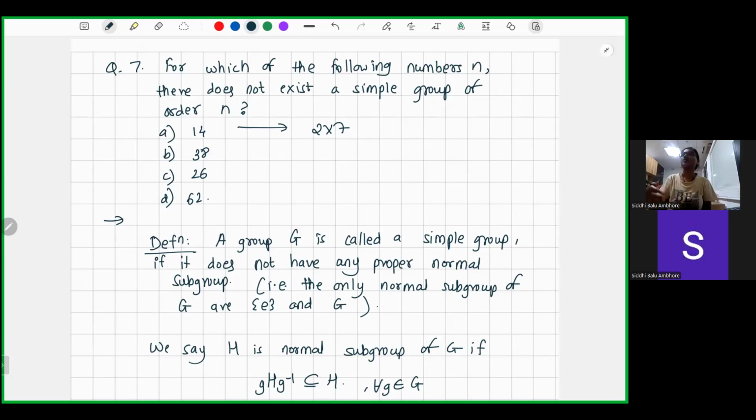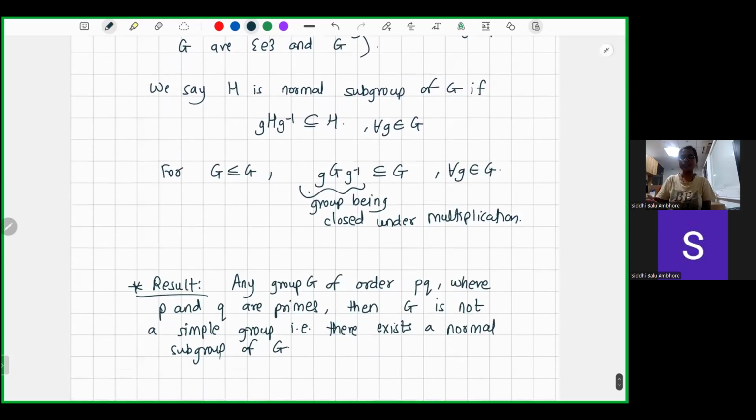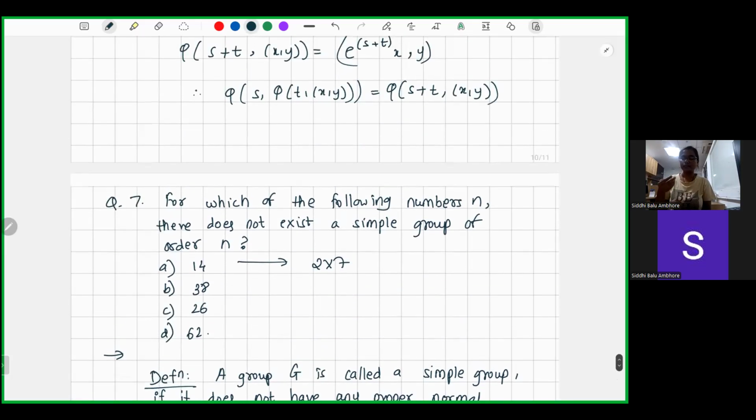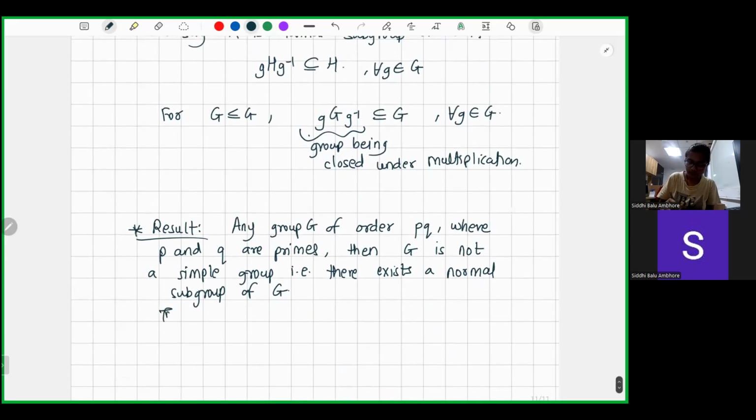So this is a product of two primes, and so by this result it cannot be a simple group. And in fact, let me write the result itself.